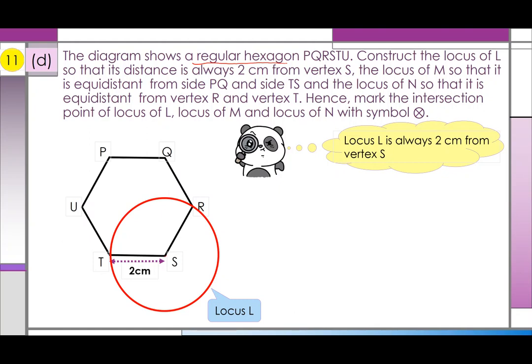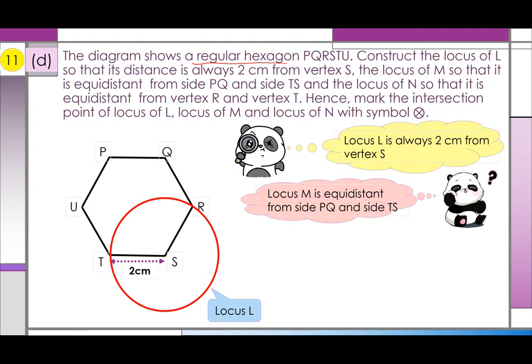Now we go to another locus. The second locus is locus M, which is equidistant from sides PQ and TS. This is PQ, this is TS. Two lines, so you find the middle line.